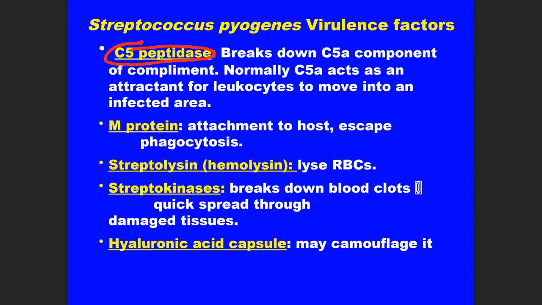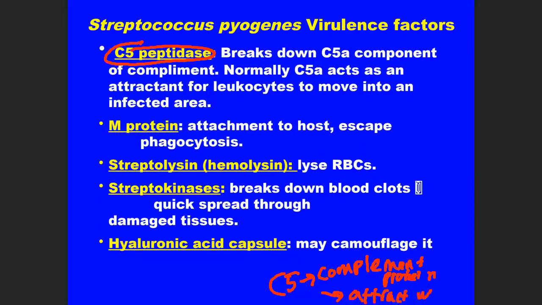Now, C5 is a complement protein, and the normal function for C5 is to attract white blood cells to an area of infection, which is something that you need to happen.